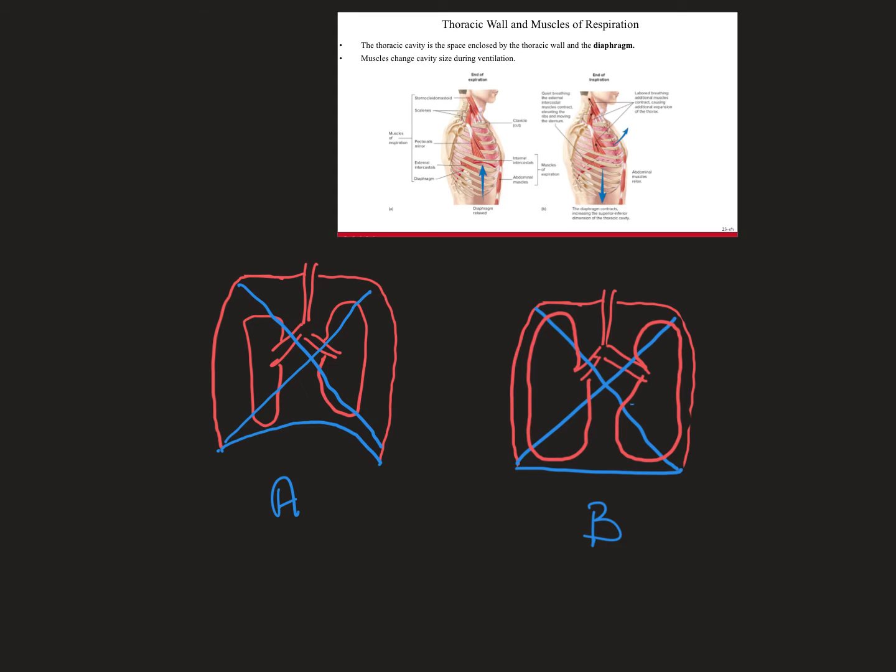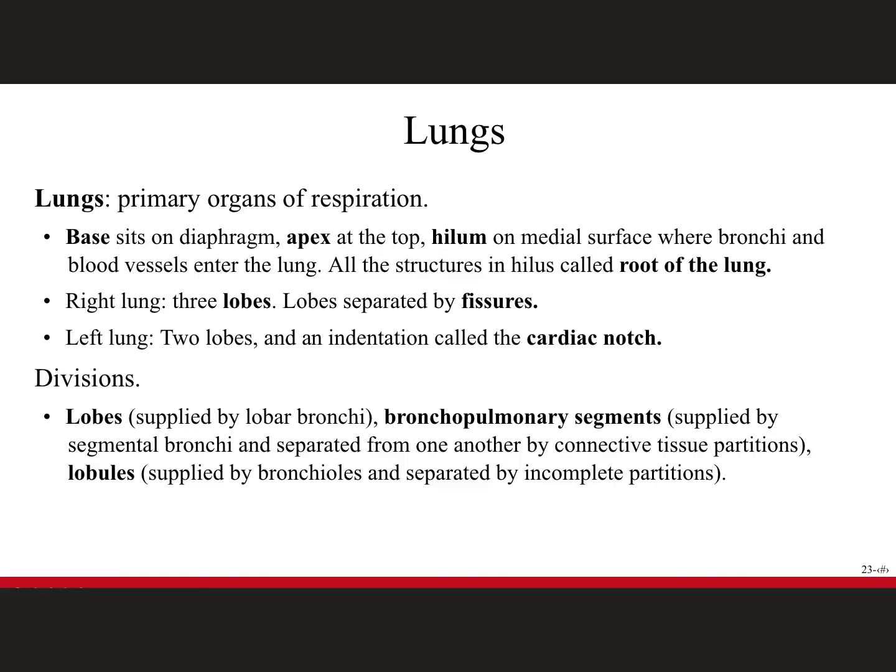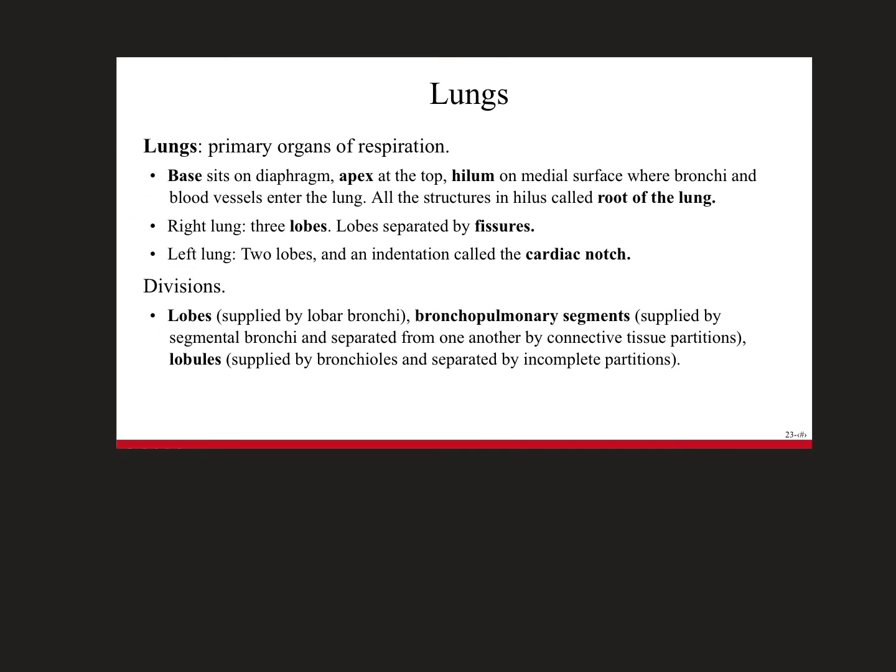So we're going to talk about inspiration versus expiration. Do we all understand the structure of the lungs itself? The base and the apex and what the hilum is and the different lobes. I am not going to ask you to identify the fissures, but you do need to know the lobes.